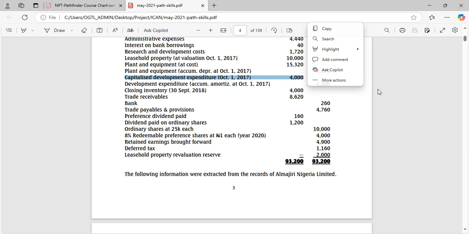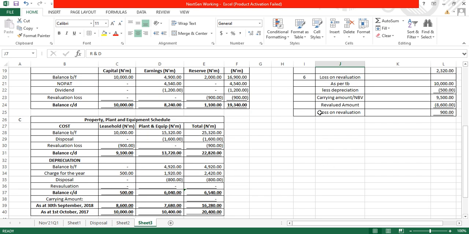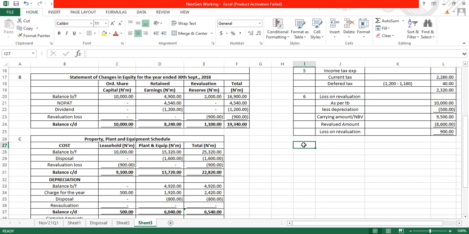Did you return the silver? Where did you put it before? 4,000.